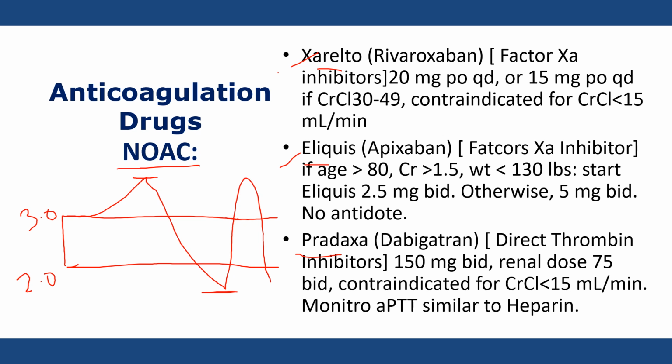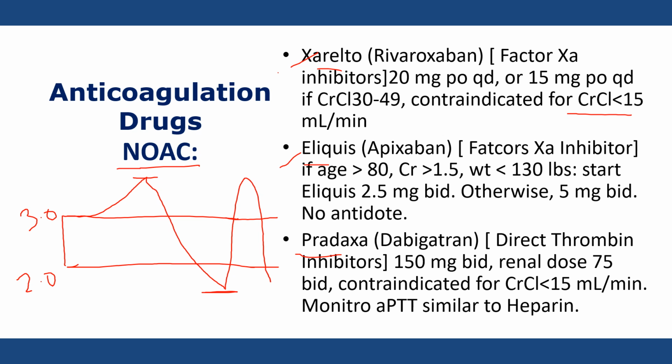Xarelto, their mechanism of action is that they are factor 10A inhibitors. A contraindication is creatinine clearance of less than 15 ml per minute. So we keep an eye on the renal function. Eliquis, apixaban, is a factor Xa inhibitor, just like Xarelto.